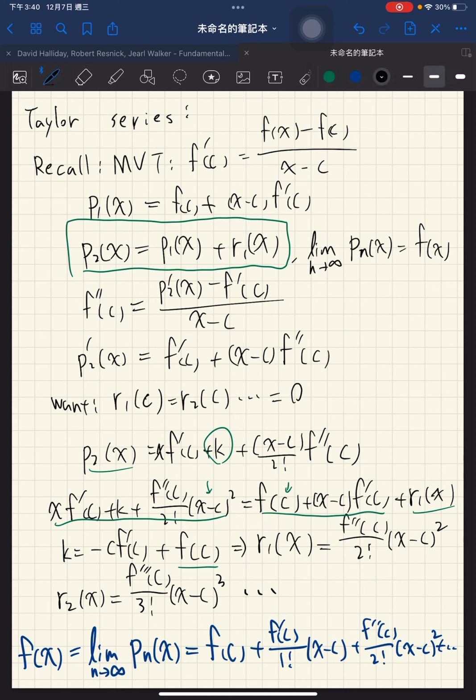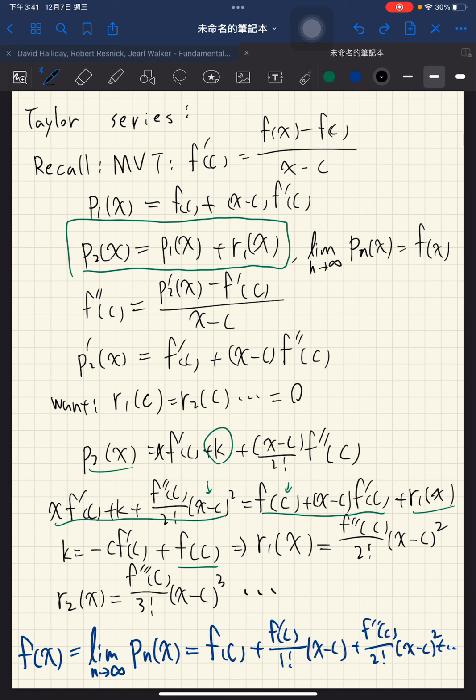Just apply the mean value theorem with f triple prime of c, and just do a recursion, and you will get R2 is equal to the third derivative of f at c over 3 factorial.